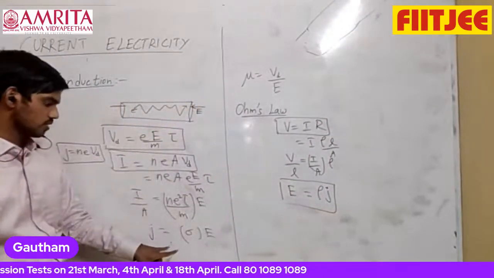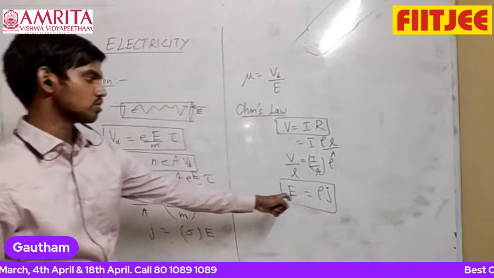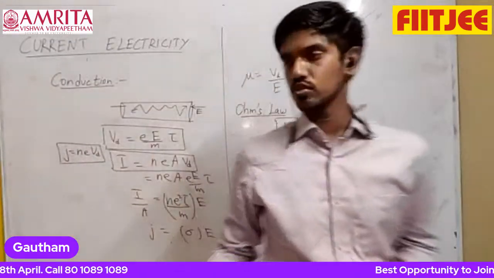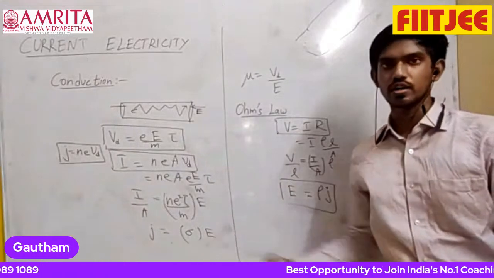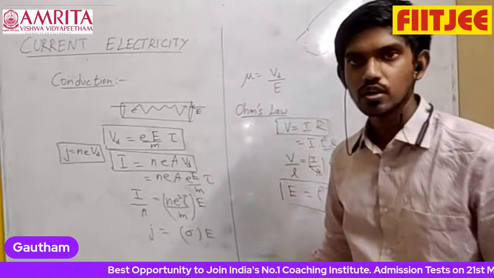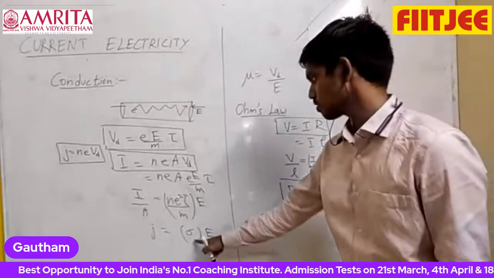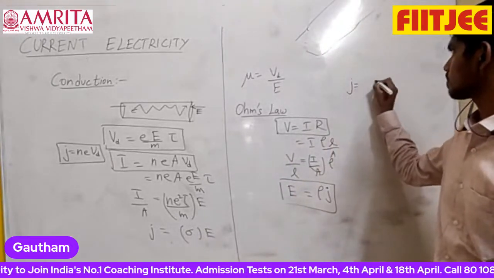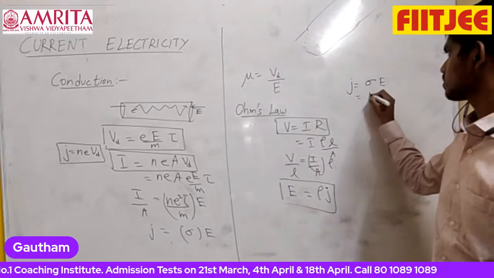That is what we got here. I wrote it as sigma. So this is conductivity, this is resistivity. Conductivity is 1 by resistivity. So you can write this as 1 by rho into E. So you can write J is equal to sigma E, where sigma is 1 by rho.